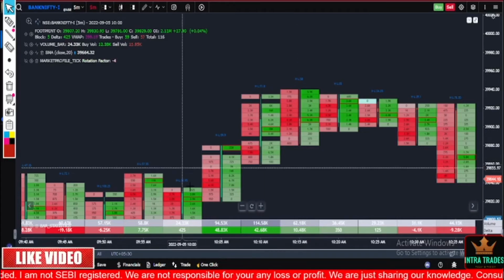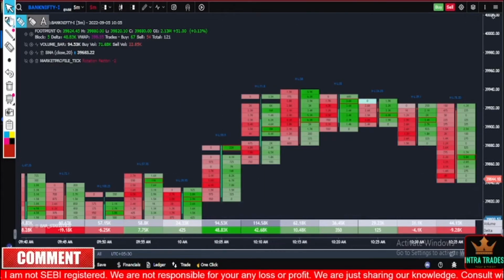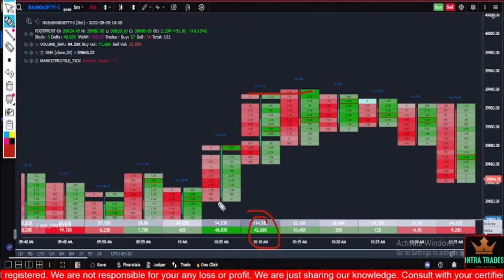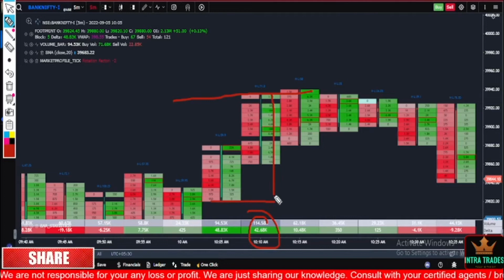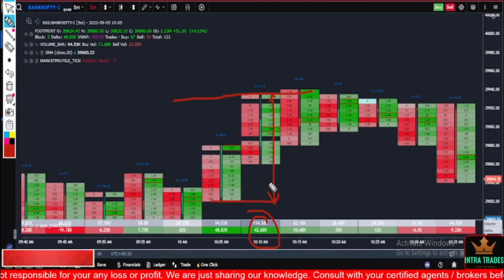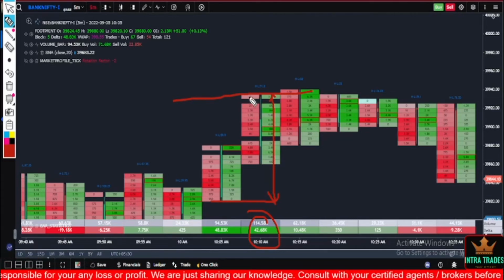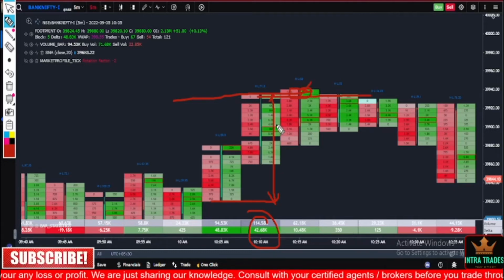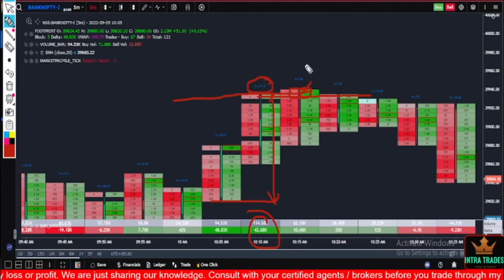So now I avoided this trade also, and again I got this candle with the 42k delta. Now what I thought is from here to here, it is a trade I have planned. I need the market to trigger my price here and go for the target of 70 points.